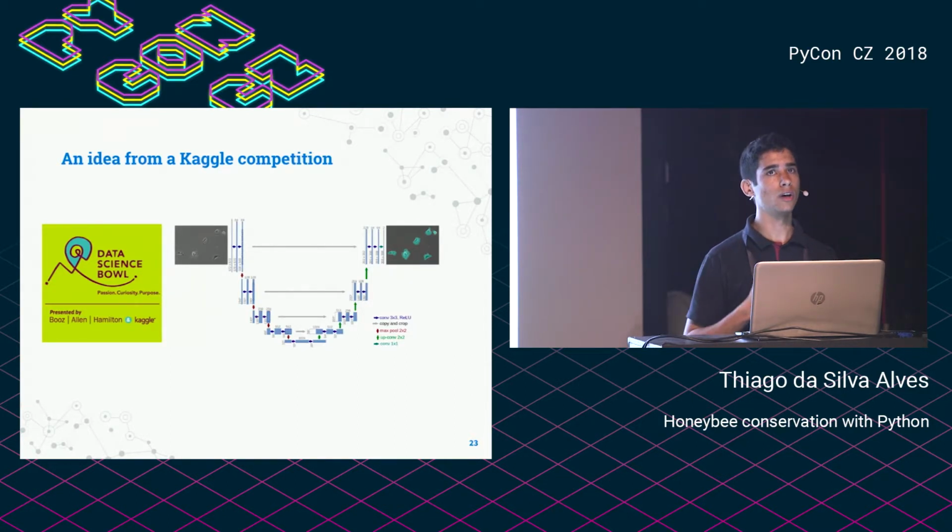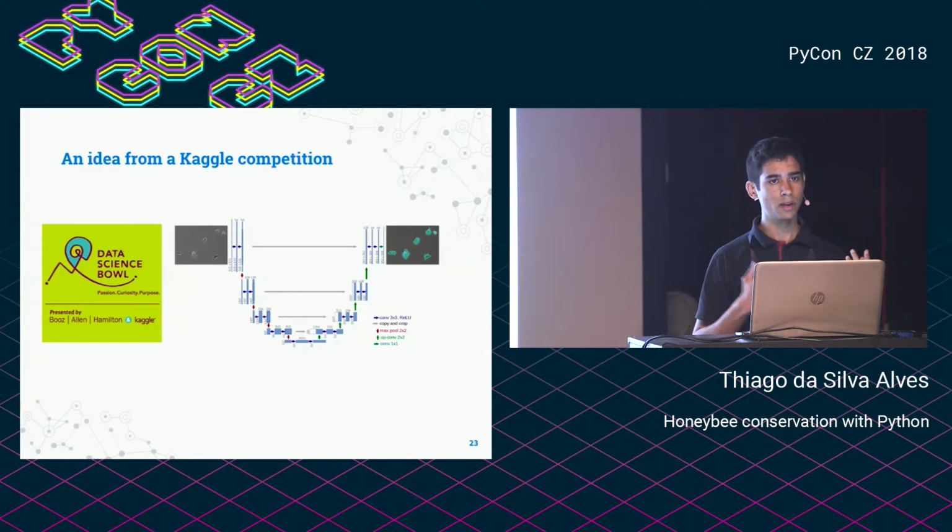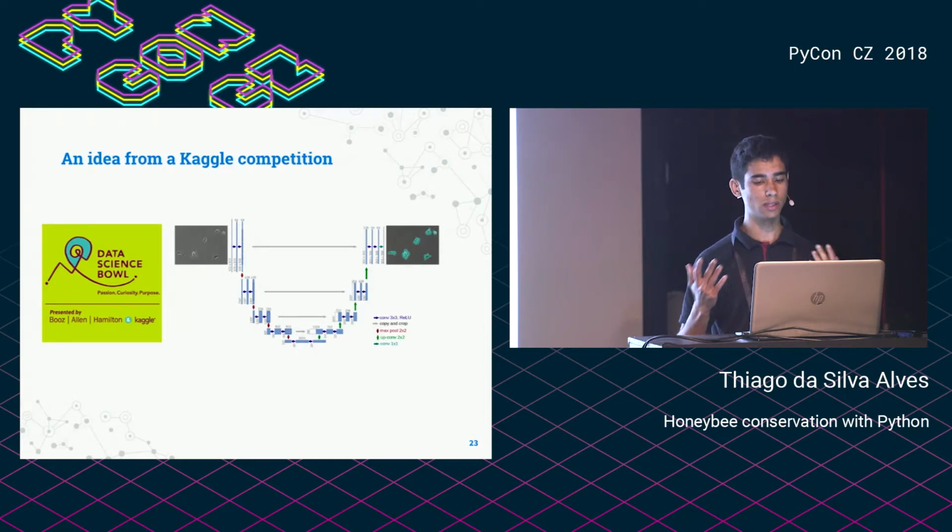In a lot of the solutions, they were proposing to use encoder-decoder networks. For example, this is a UNet, one architecture, where you can put in one side one cell and expect the segmentation on the other side.